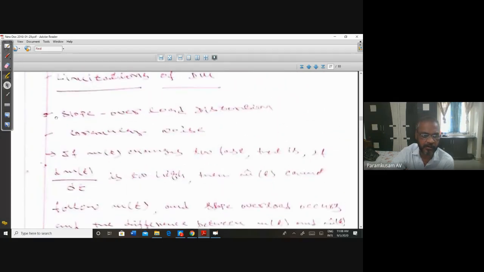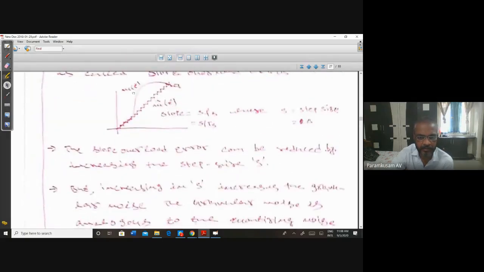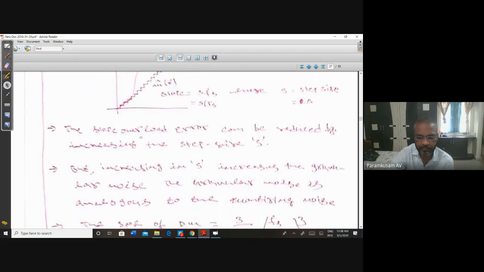You know the limitations of delta modulation అంటే 2 points note చేసుకోండి. Slope overload distortion. Next, granularity noise. Granular noise and note చేసుకోండి.